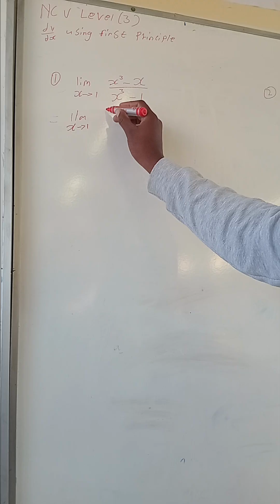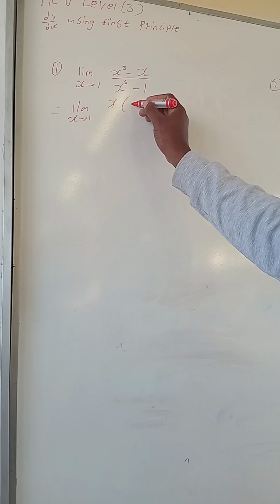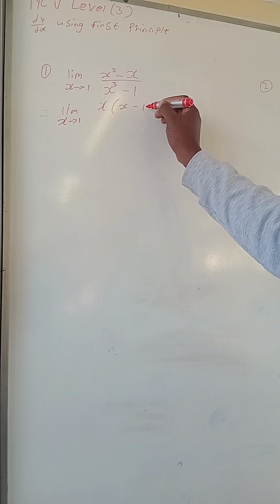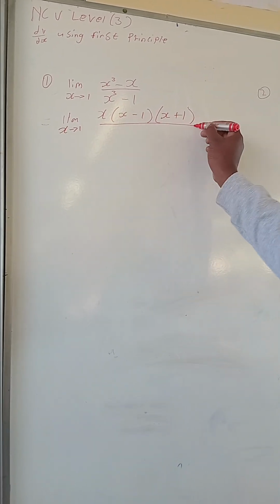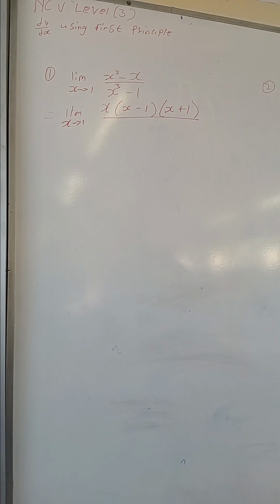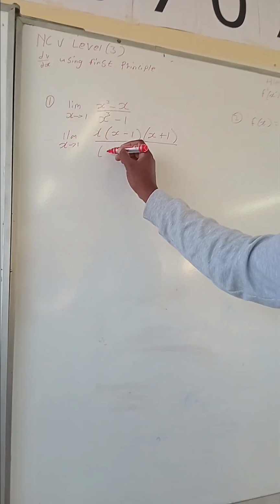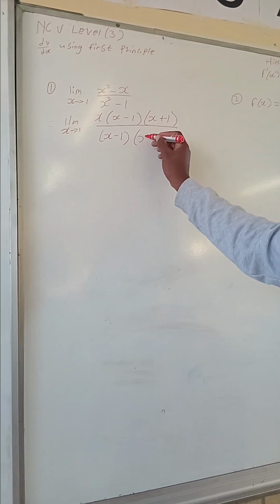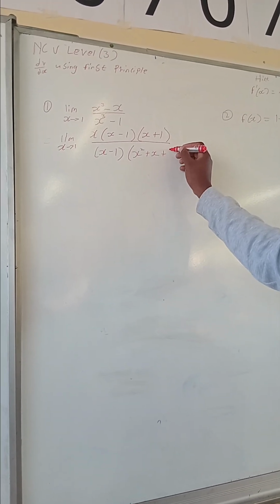To factorize this one, we're going to have x, then we're going to have x minus 1, x plus 1, all divided by, to factorize the denominator, we're going to have x minus 1, then x squared plus x plus 1.